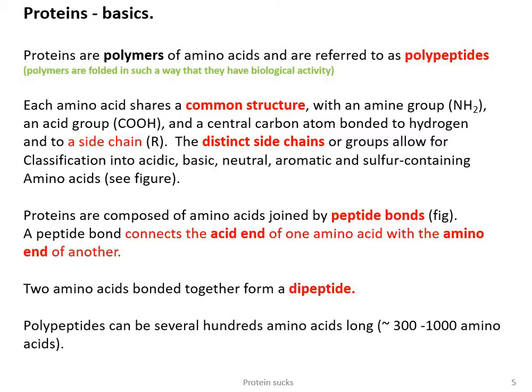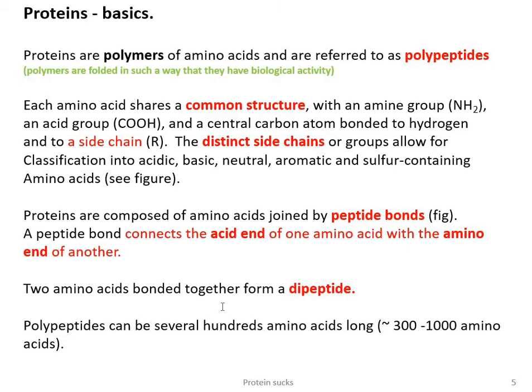So proteins are composed of amino acids joined by the peptide bonds. I will show you later. The peptide bonds connect the acid end of the one amino acid with the amino end of another, and when two amino acids bonded together, we call them dipeptide. So on and so forth.